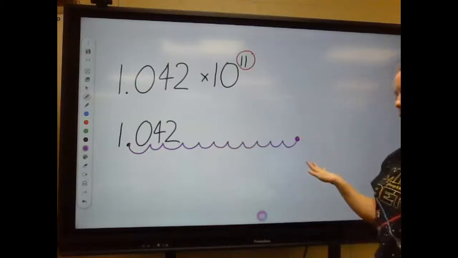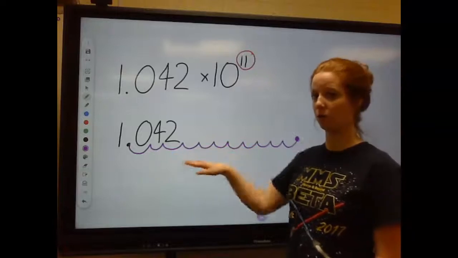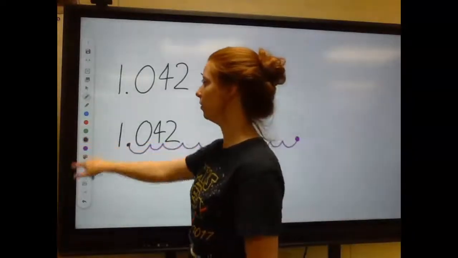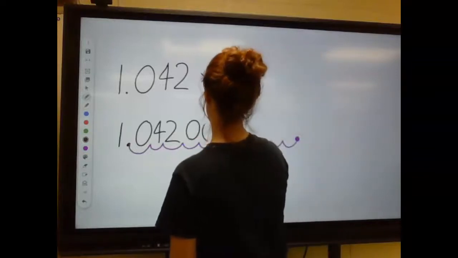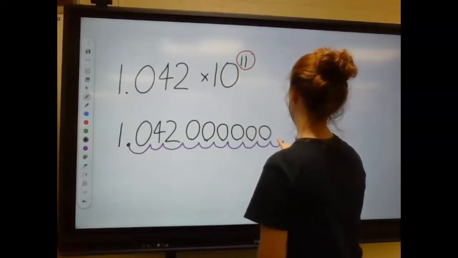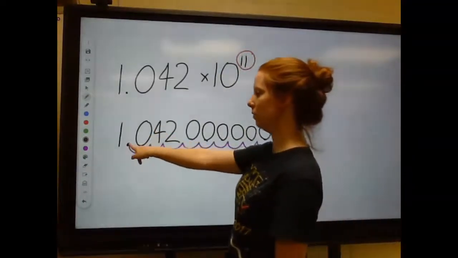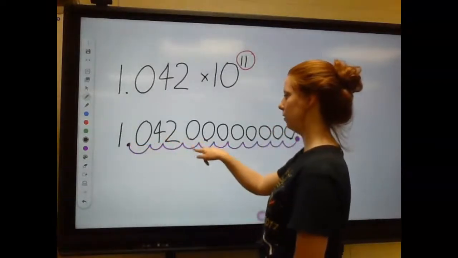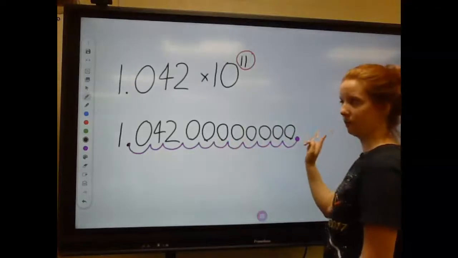There's where my new decimal is, and I know that's where the number ends. Now, all these hops that I did that aren't filled in, all you're going to do is throw a 0 in there. So again, we started here and only moved 1, 2, 3, 4, 5, 6, 7, 8, 9, 10, 11 times.